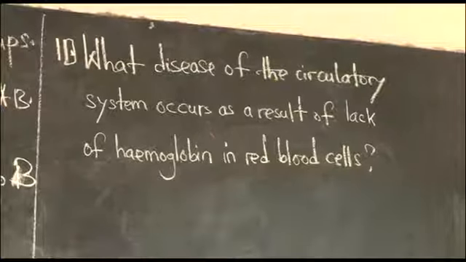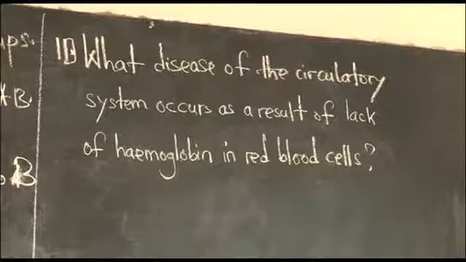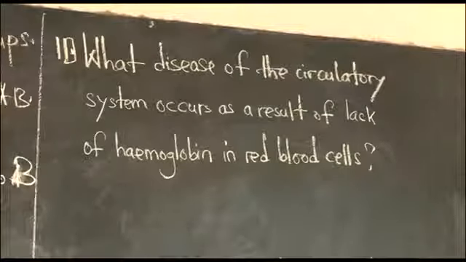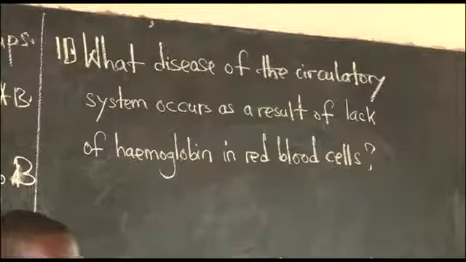So we learned a number of diseases that affect the blood system. Which disease can be a result of lack of hemoglobin, lack of the red color in the blood? Last time we discussed it and said this is anemia.